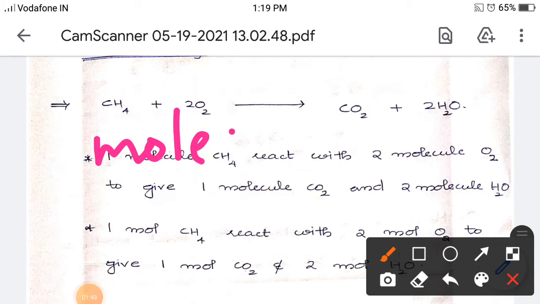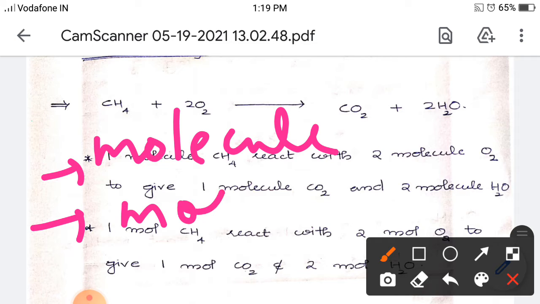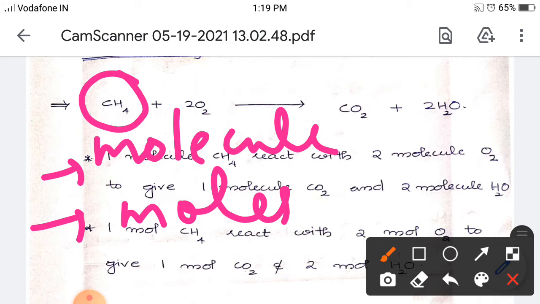One point you have to remember: if you are representing this CH4 as one molecule, you must represent 2O2 as molecules, and CO2 as molecule and 2H2O as molecules. Throughout the equation you have to represent in one term.